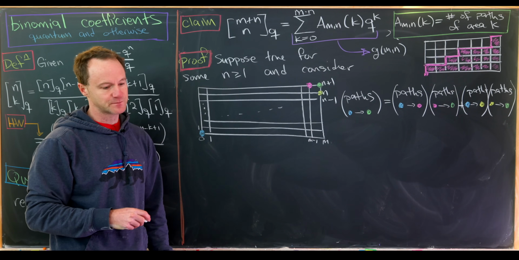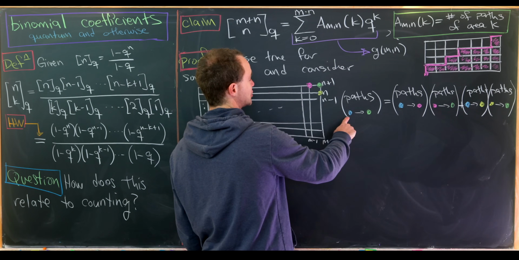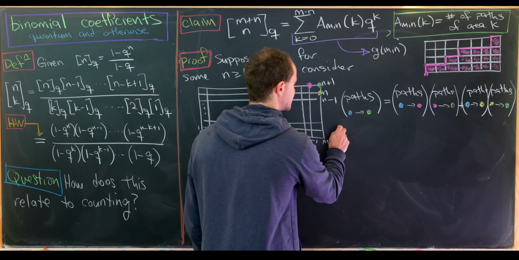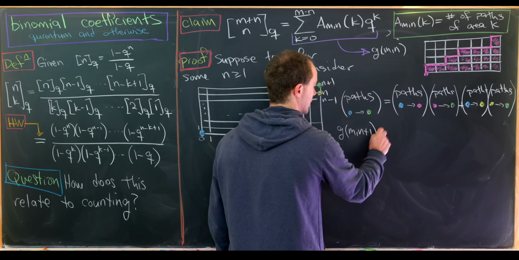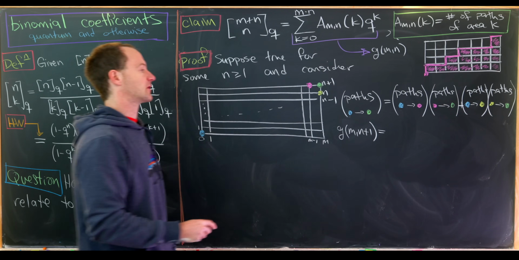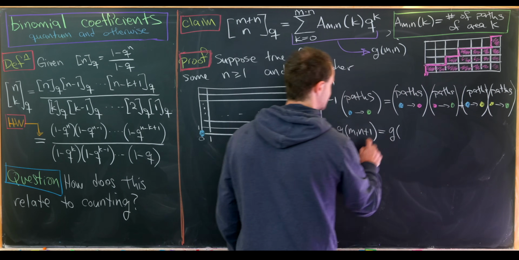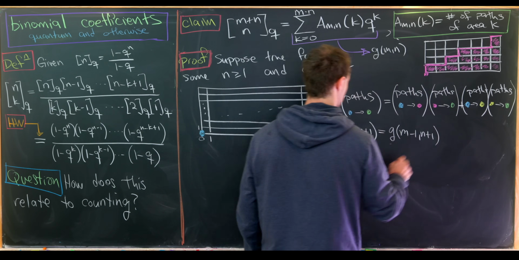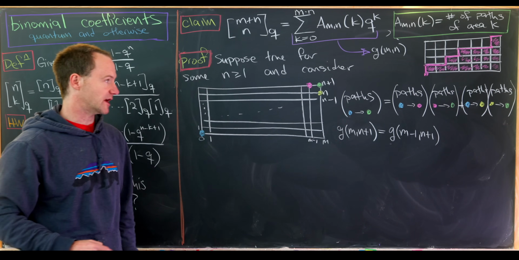Okay, so let's recall that using our notation, the paths from blue to green are counted with the generating function g of m, n plus 1. Then the paths from blue to magenta are counted by the generating function g of m minus 1, n plus 1, because that's in an m minus 1 by n plus 1 grid.